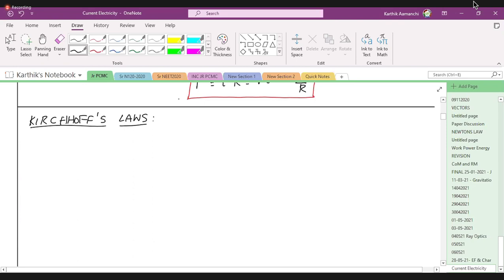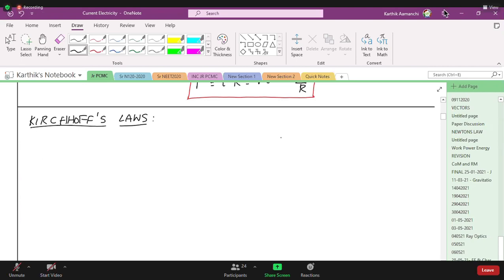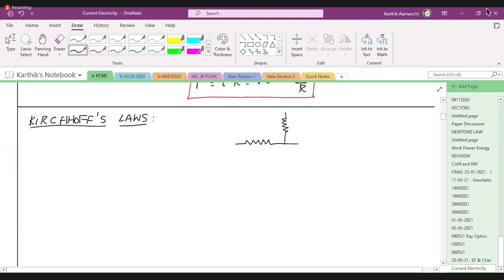He said whenever there is a complex circuit, right now you put a battery and a resistor, it's a simple circuit, you say current is going in a single direction. But what if you have a complex circuit? For example, there is a resistor like this, a resistor like this, and a resistor like this. This is a branch of a complex circuit.